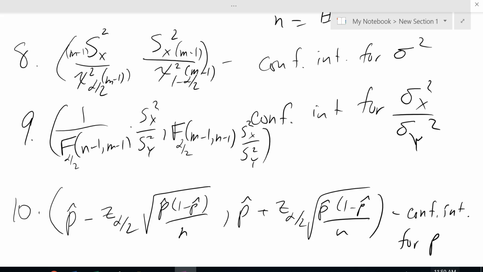It's goofy, that's why you usually do it the other way. If you already had an estimate for p, you could use that estimate in here. But if you don't have an estimate for p, remember what we said? This has a maximum for what value of p? 0.5, right?